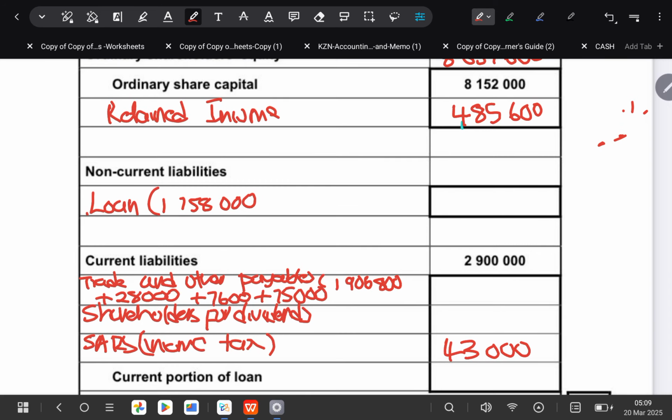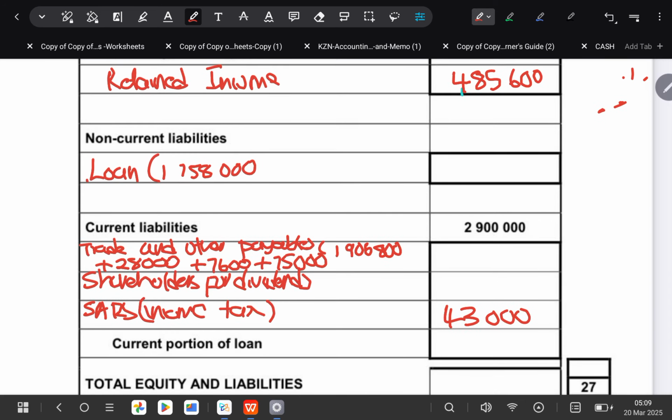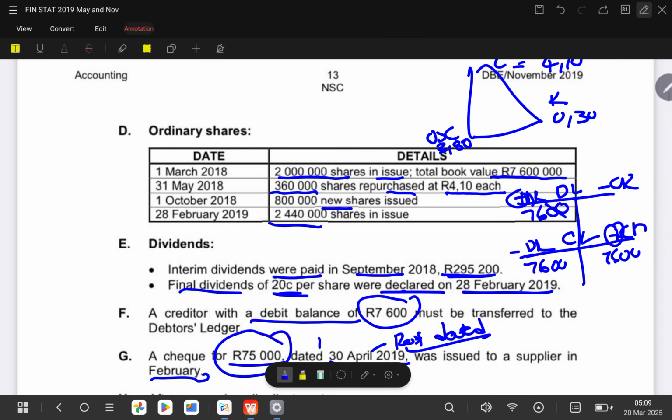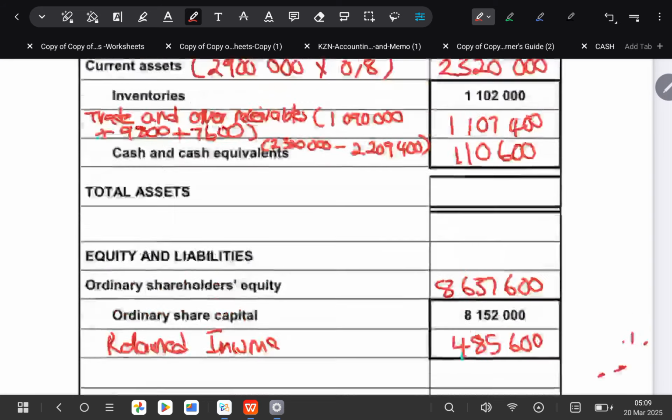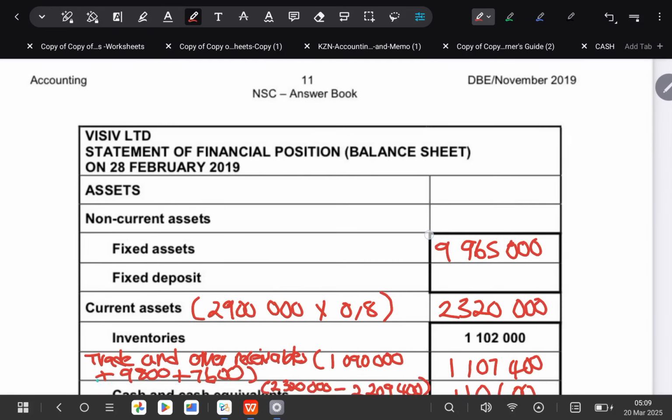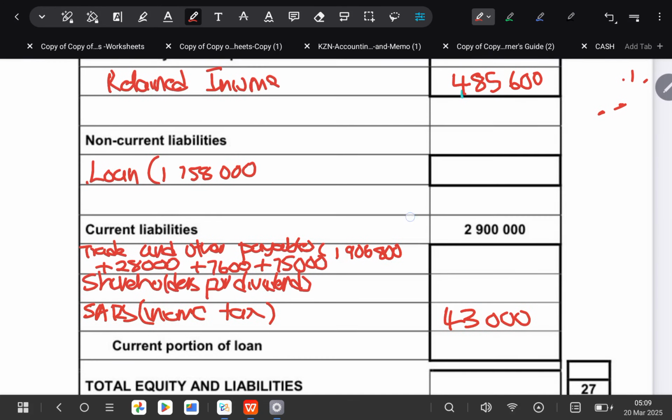What we need to do here, remember we need to check shareholders for dividends. We also have it, so I'm just going to transfer it. Remember it was, I think, 488,000. Our shareholders for dividends, 488,000. And then let's check what is the total of our trade and other payables.